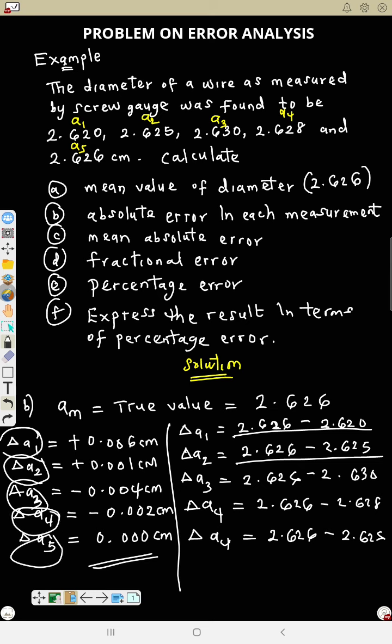So that's it. Now the C part, mean absolute error. We define mean absolute error as the arithmetic mean of the magnitude of absolute error in all the measurements.